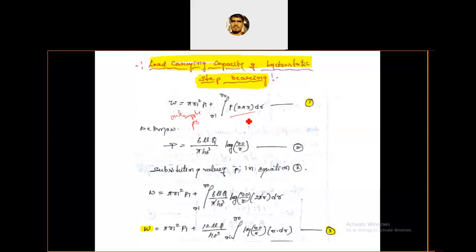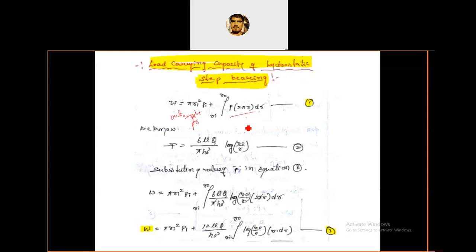In the fluid itself, it will generate some pressure because the shaft is rotating. Because of that rotation, it will generate some pressure. That pressure is also contributing to the load carrying capacity. So here there are two types of pressure. One is supply pressure, which is from the outside, plus the pressure generated inside.